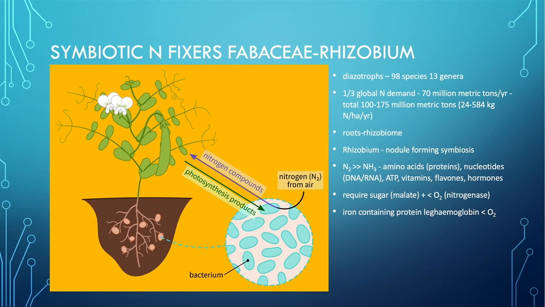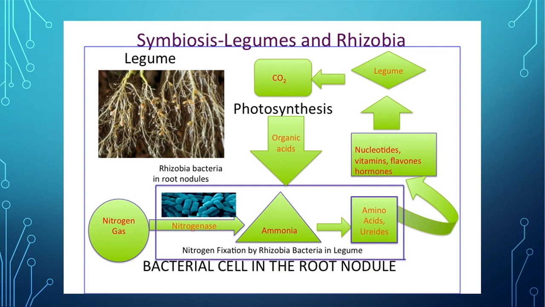It holds on to that oxygen and removes it from the environment so the nitrogenase enzymes can do the fixing of the nitrogen for the plant. This is another version of showing you exactly how this happens. We've got nitrogen gas, the nitrogenase enzyme turns it into ammonia and forms amino acids. And this is happening within the rhizobia bacteria in legumes. So this is in the cell of the root within the nodule.